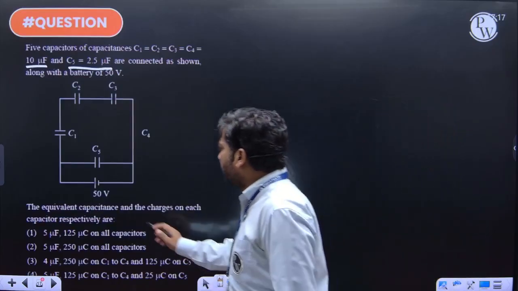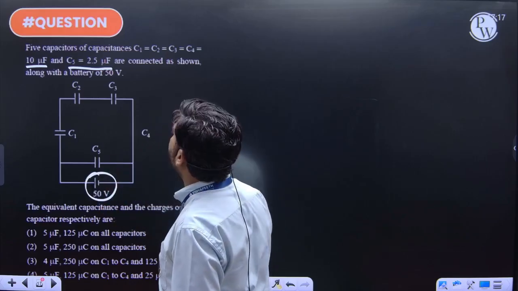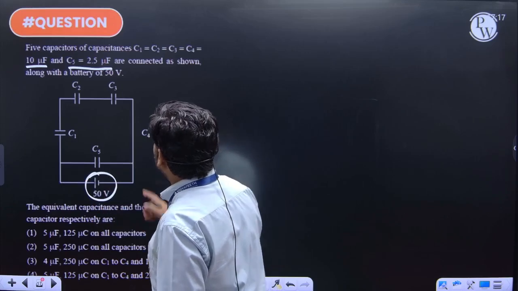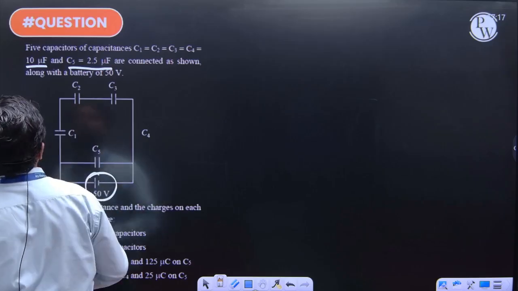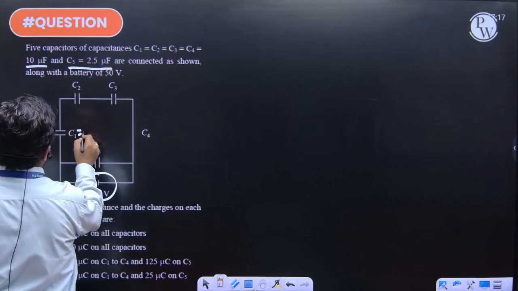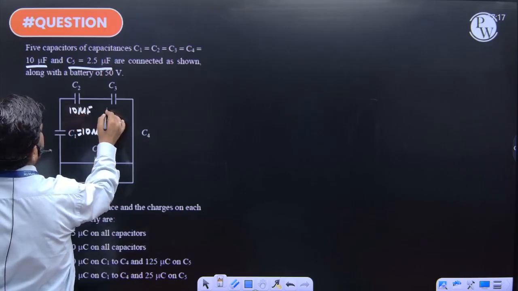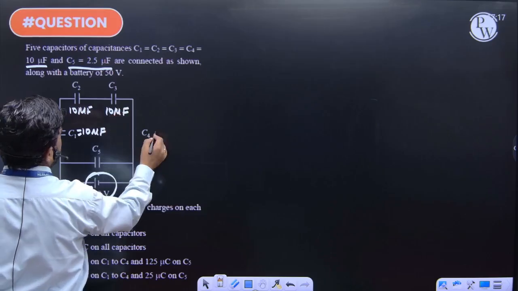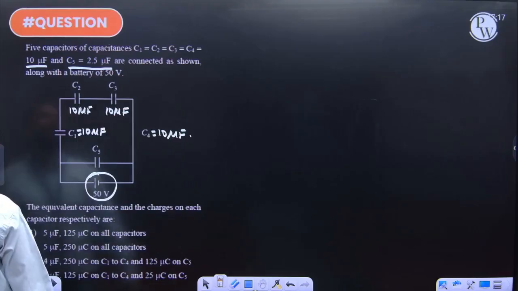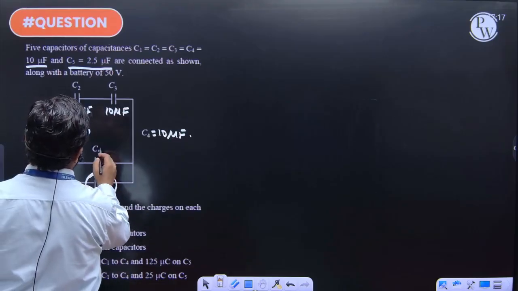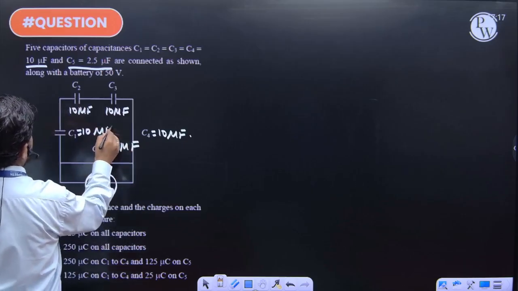C1, C2, C3, C4 are equal, and equal to 10 microfarad. This one is also 10 microfarad, this one is also 10 microfarad, and C5 is given as 2.5 microfarad.